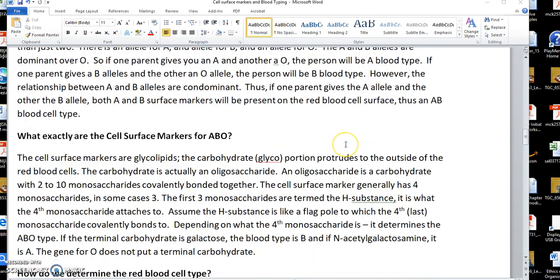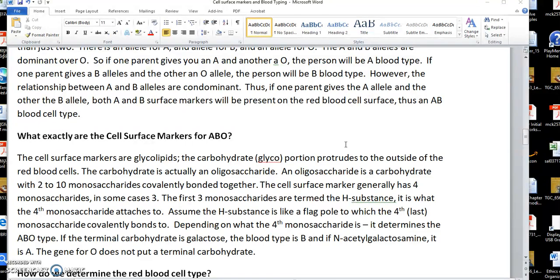Okay. What are the cell markers for the ABO? They are actually glycolipids. The glyco, being the carbohydrate, is what is protruding from the cell membrane. The carbohydrates are really oligosaccharides. Oligosaccharides are small carbohydrates with 2, let's say, to 10 monosaccharides covalently bonded together.